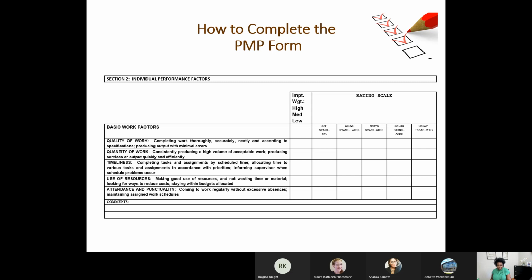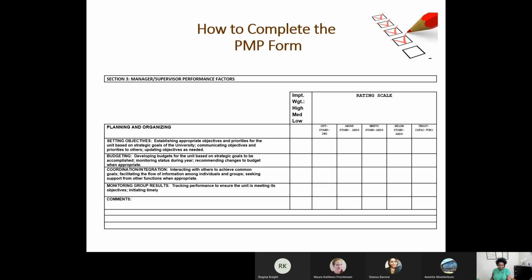We do believe that these are all important factors and they are weighted strongly. So you can choose to put 3, 2, or 1 depending on your focus, but we encourage you to use a 3. The rating scale is a 5-point scale: outstanding, above standards, meets standards, below standards, and I believe the last says unsatisfactory.